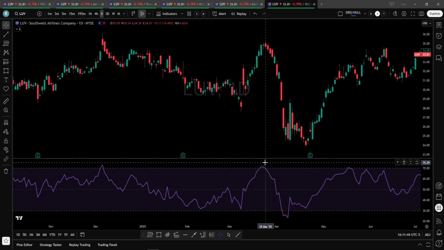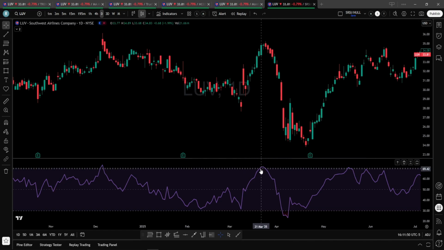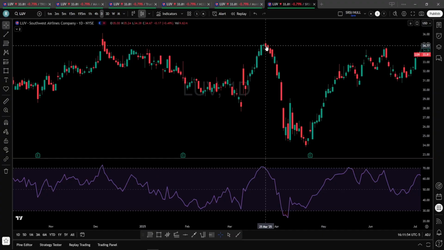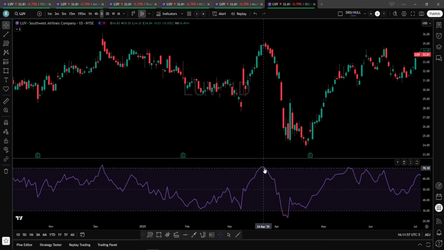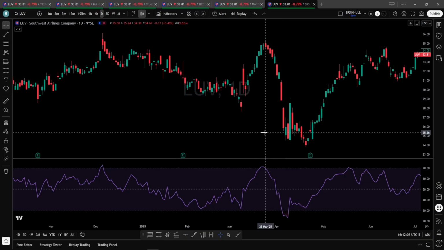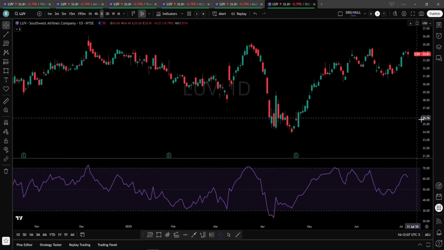Notice that after the RSI, in this case, had gone overbought, made a top, broke down below the 70, confirming that we likely have a swing top in play here, and then prices dropped all the way down to here, and in this case, oversold, but it doesn't have to be. It's the pattern we're looking for.